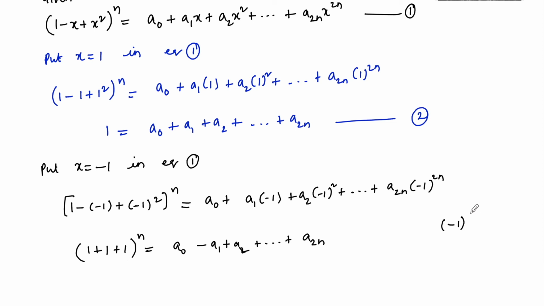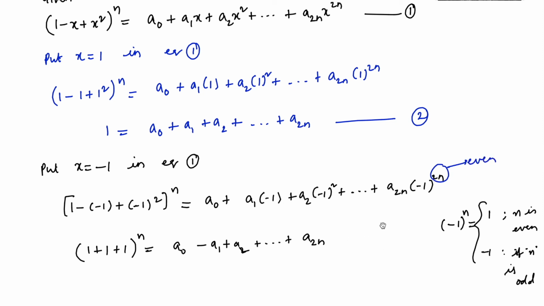We know that (-1)^n is equal to +1 if n is even and -1 if n is odd. So (-1)^2n, since 2n is an even number, we get +1.